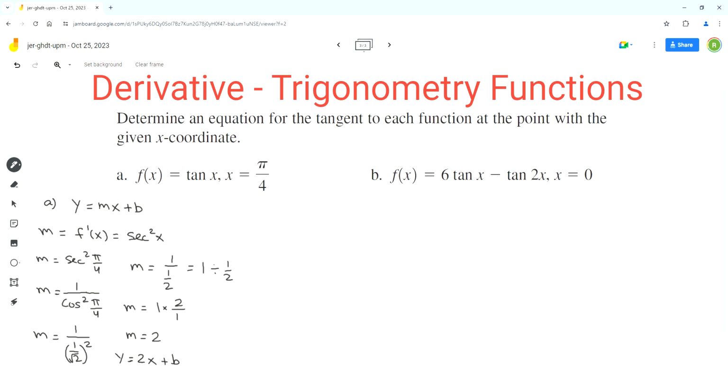Now we have to find the value of b, and for that we need a point that lies on this tangent. We have to find the equation of the tangent at x equals pi over 4. So if we sub in x as pi over 4 in the given function equation, we can find the point that lies on the tangent.